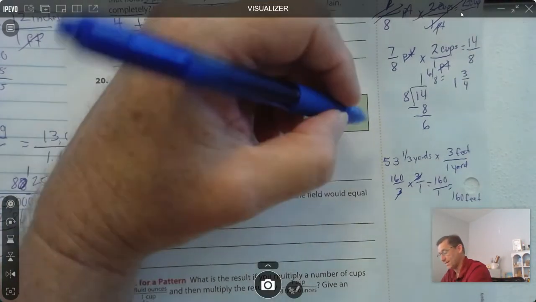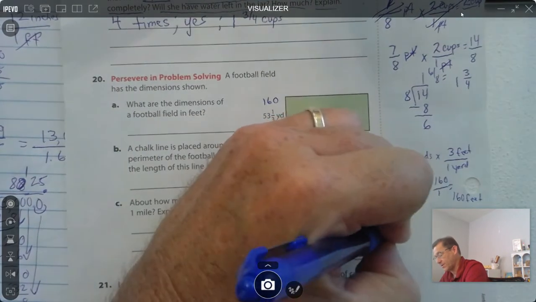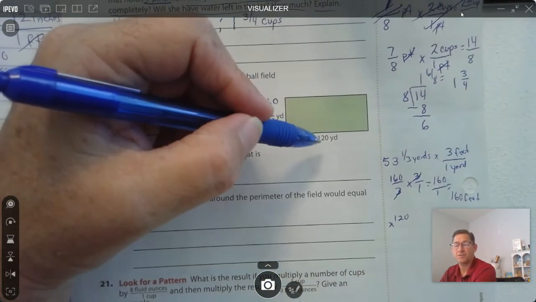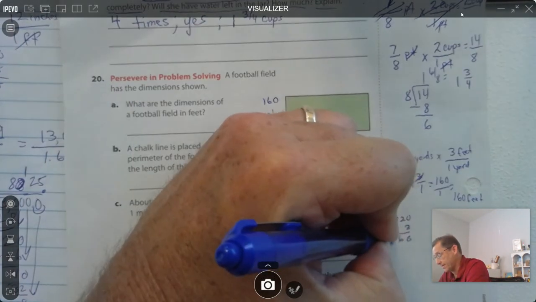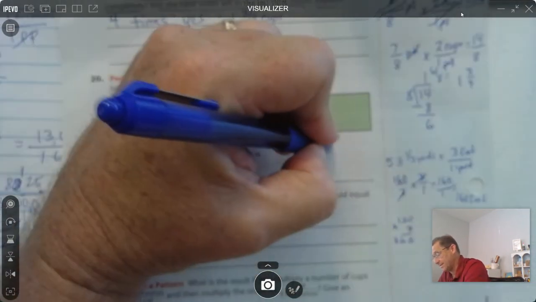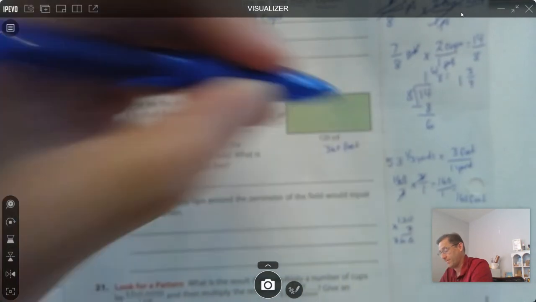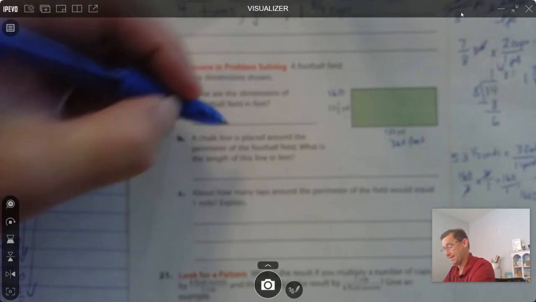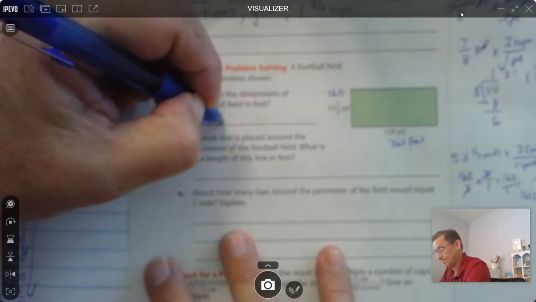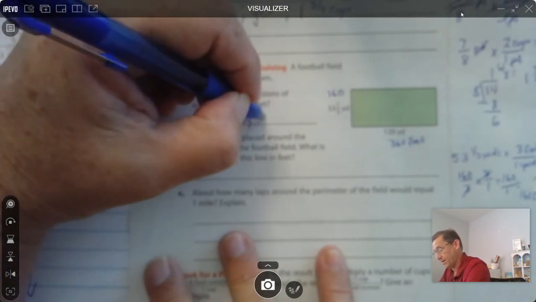And 120, I know that there's 3 feet per yard, so just multiply 120 by 3, and we get 360 feet. So it's 160 by 360 feet.